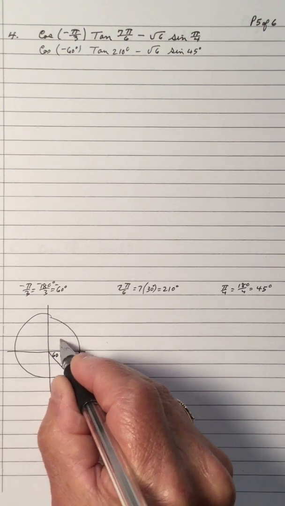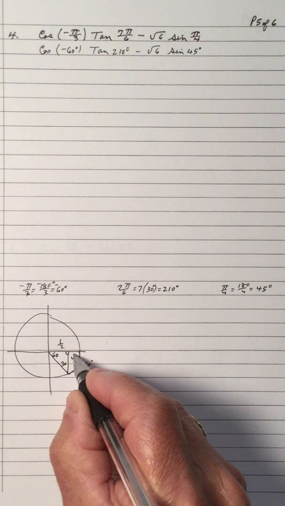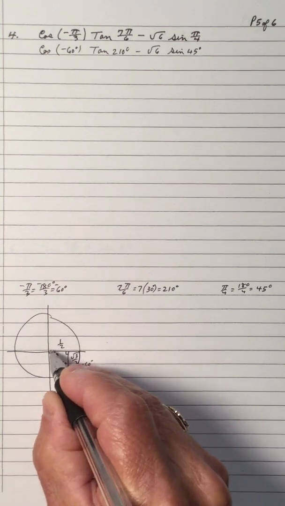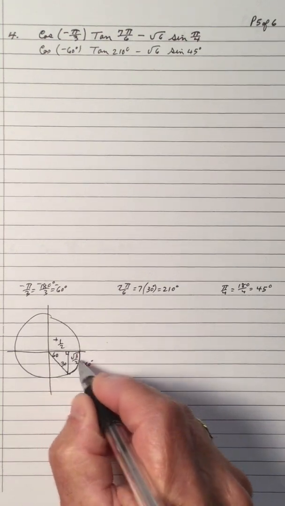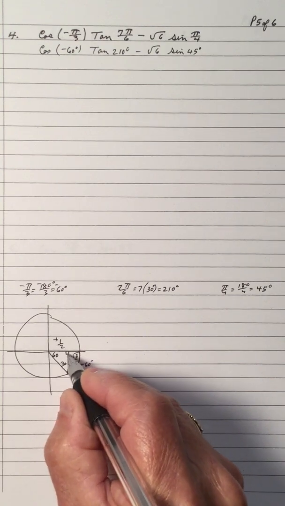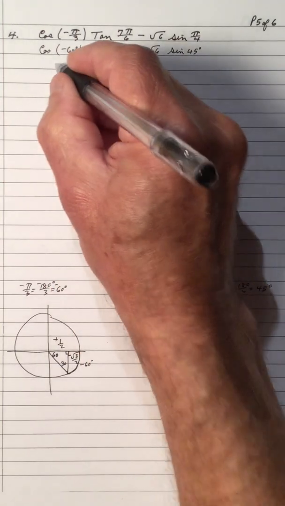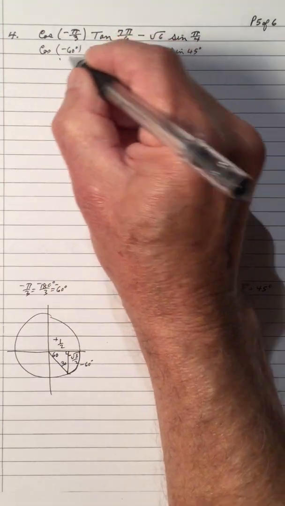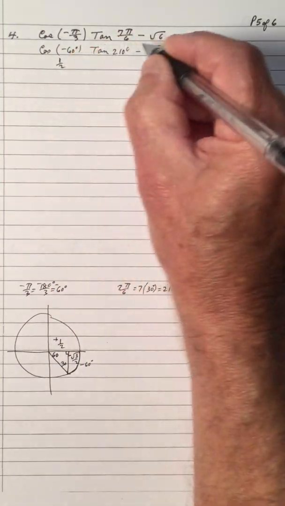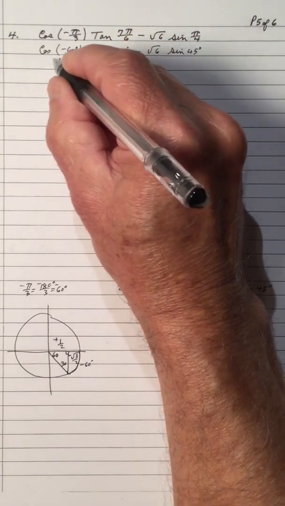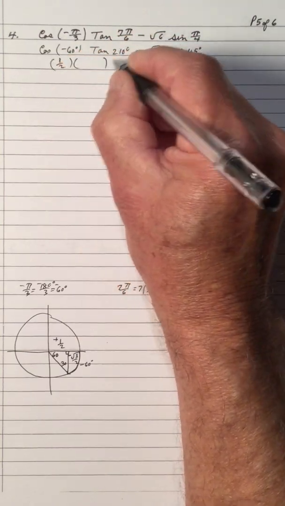This is the 30. Opposite 30 is a half. Opposite 60 is root 3 over 2. The x is positive in quadrant 4, going to the right. The y is negative. And so the cos is the x, so I have 1/2.